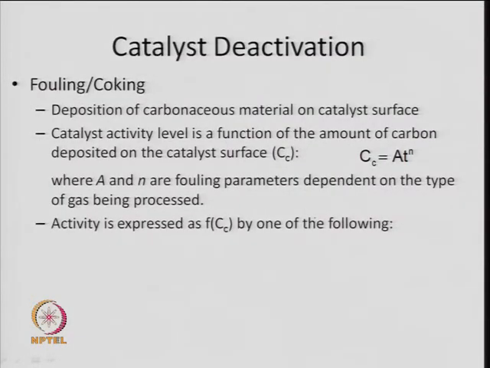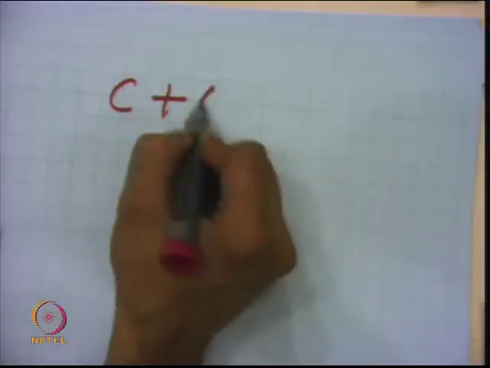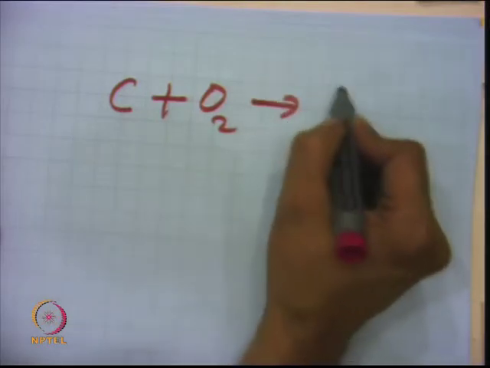As I said earlier, the amount of coke deposition can be reported. The coke can be determined because coke is a material which can be burned off. One can remove the coke from the catalyst just by burning, and that is known as regeneration of the catalyst.